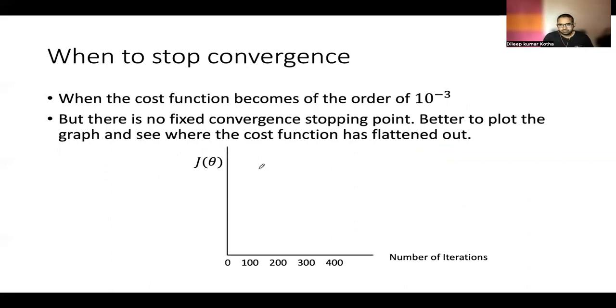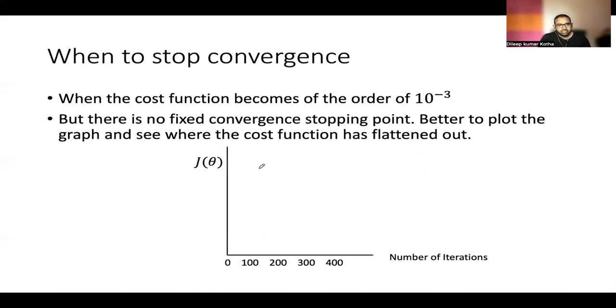Now feature scaling and mean normalization help gradient descent proceed faster, but when do we stop the gradient descent? In the previous video we have seen a cost function. As an example, we have taken the cost function approaching 0, but not always does the cost function approach 0.